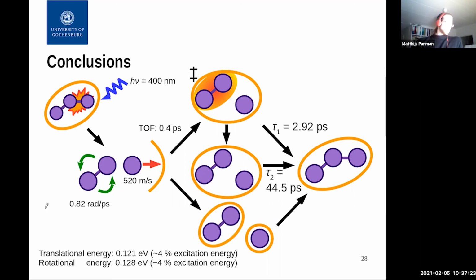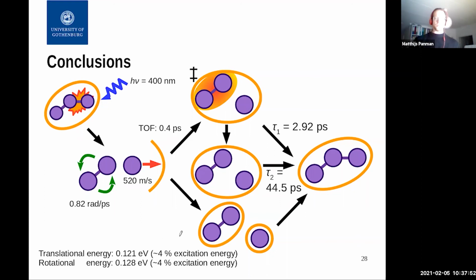From these constants, we can get the translational and rotational energy partitioning, and in the case of triiodide, if you remember that in diiodomethane, the partitioning is more equal between the two. We believe this has a lot to do with the geometry of the reaction. So it's nice to see that we can do that.